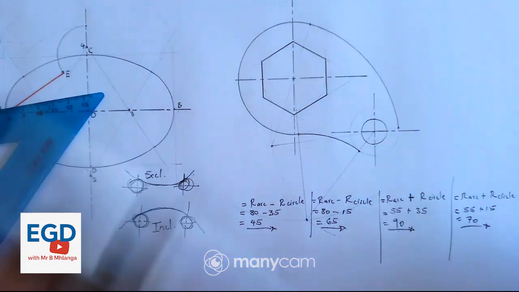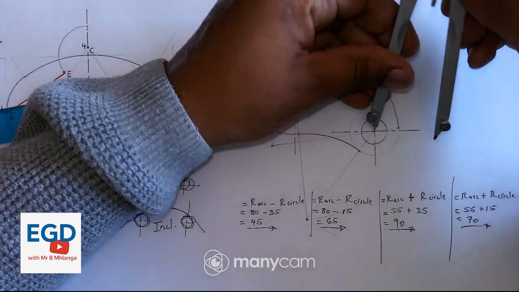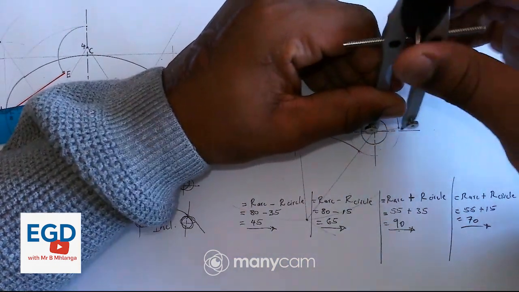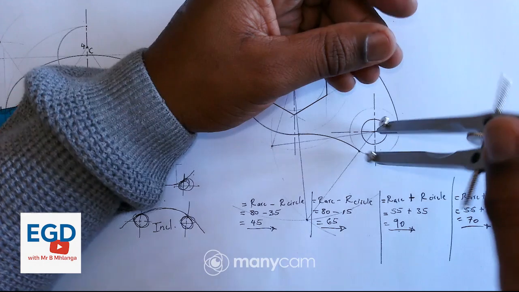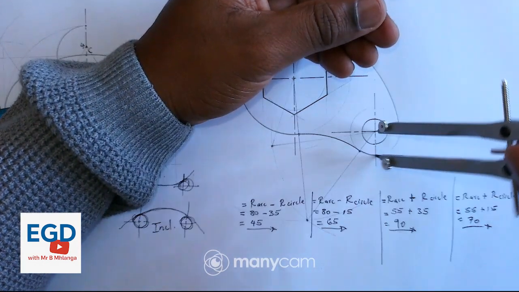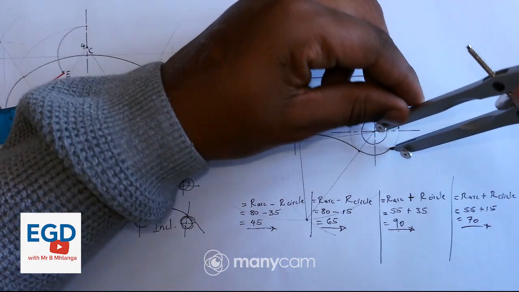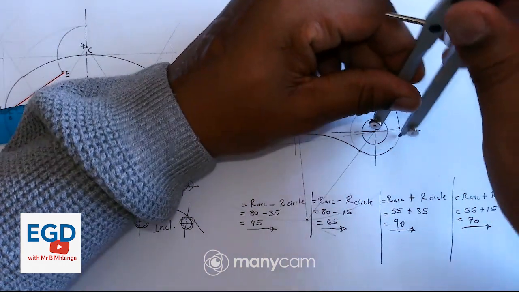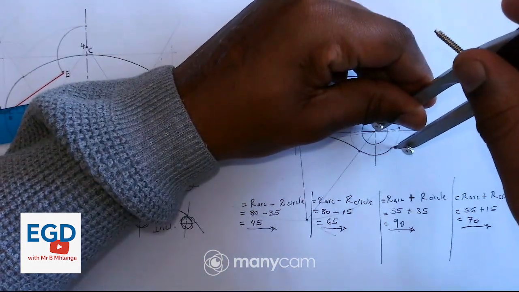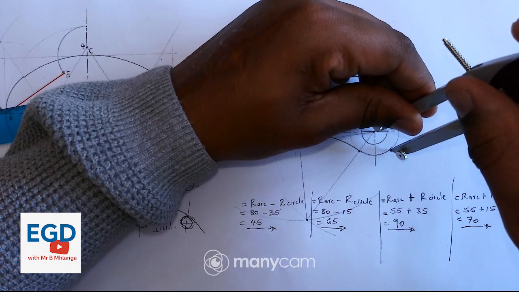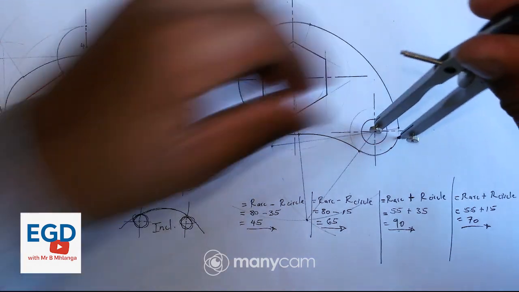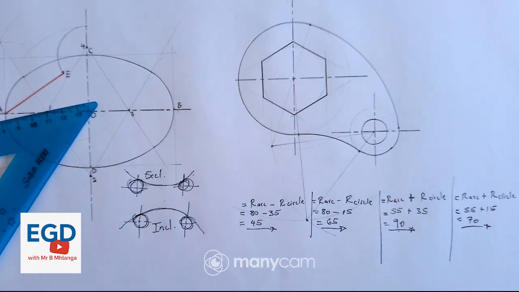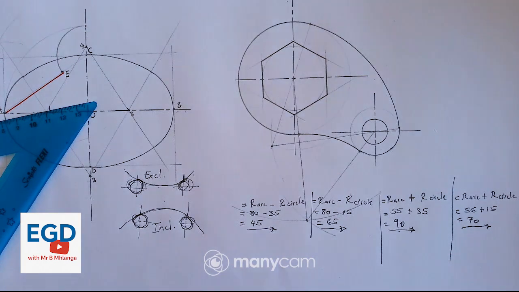Do the same thing here, put my compass at the center point to that point there, then I just draw. My compass just moved, sorry about that. Okay, like that. So this is the complete figure.